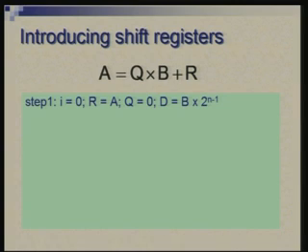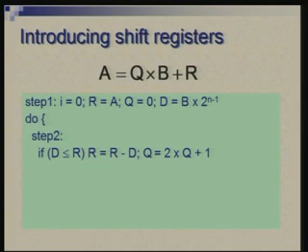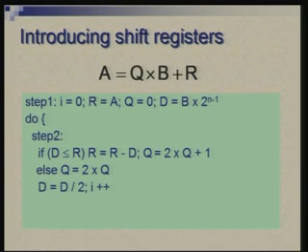We start with a value in d, which is b into 2 raised to n minus 1. So the initial shift is by position n minus 1, and then we will always ensure that d has the right value, so that you can always subtract d from r straight away. And this will be ensured by making d shift right every time.